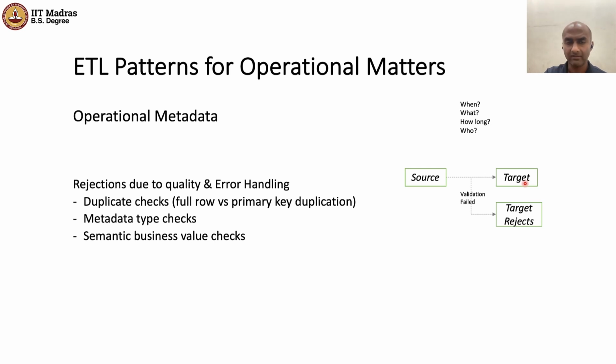So I replace this with a null value, which is a default value, or maybe the default value is like the year 0000, whatever, right? Some way to not violate the type of the column, and I allow that row to continue into the target table.